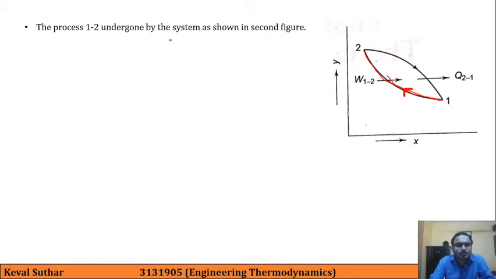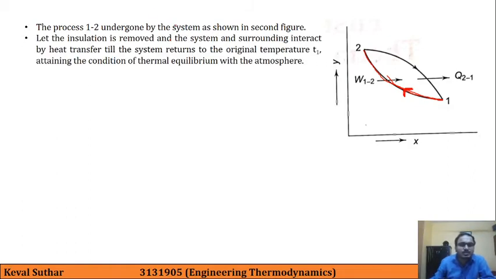Now what we are going to do is let the insulation be removed. That is, now the system and surrounding can interact by heat transfer till the system returns to its original temperature, attaining the condition of thermal equilibrium with the atmosphere.